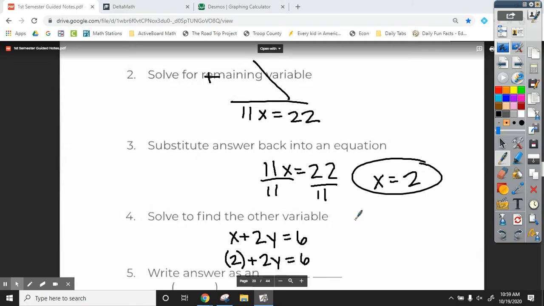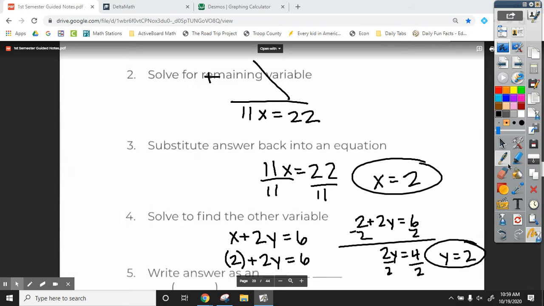So we would have 2 plus 2y equals 6. We subtract 2 from both sides and get 2y equals 4. We divide everything by 2 and we get y equals 2.